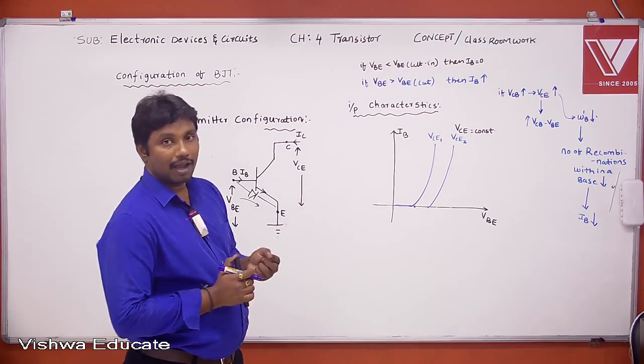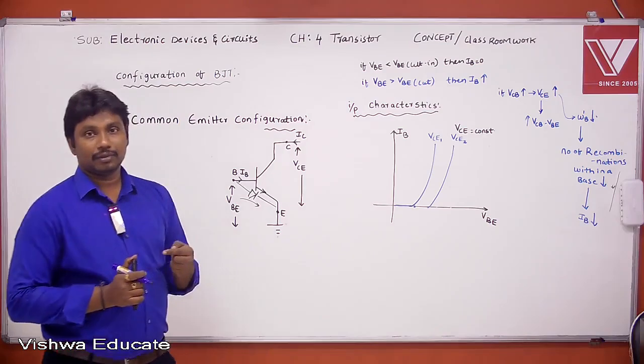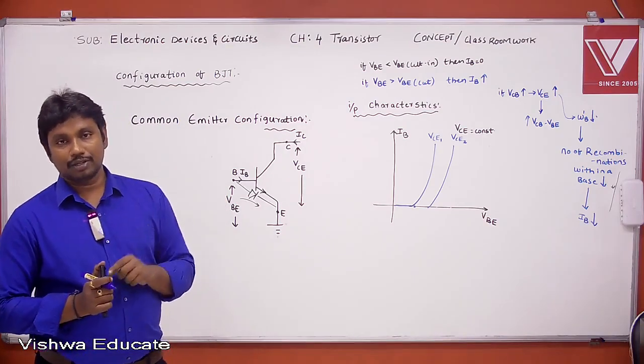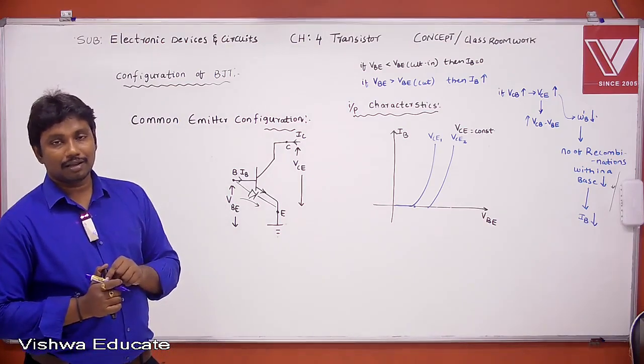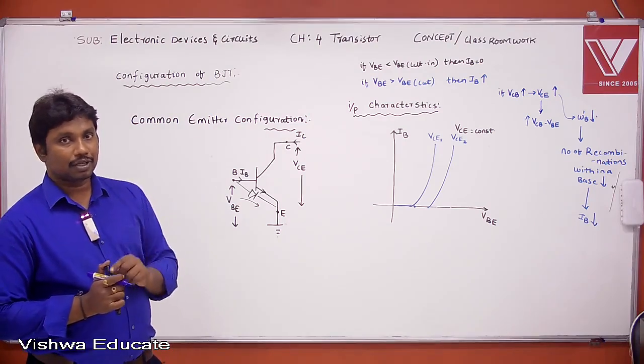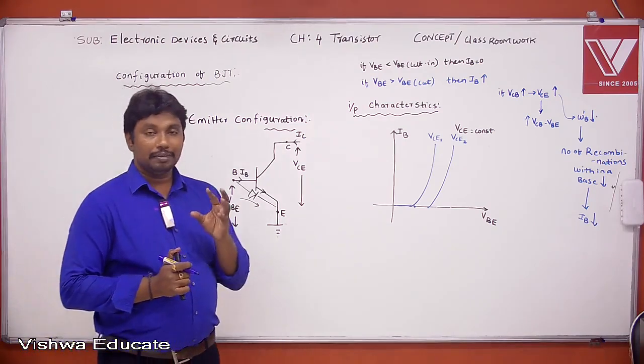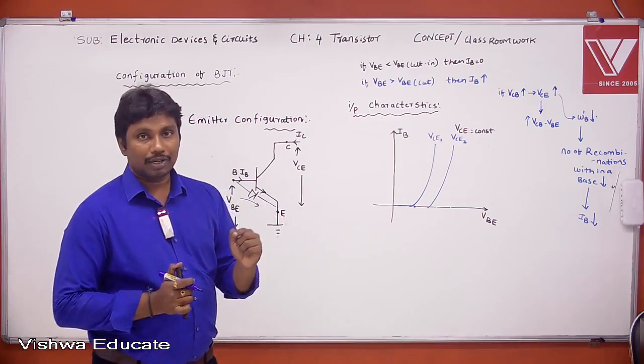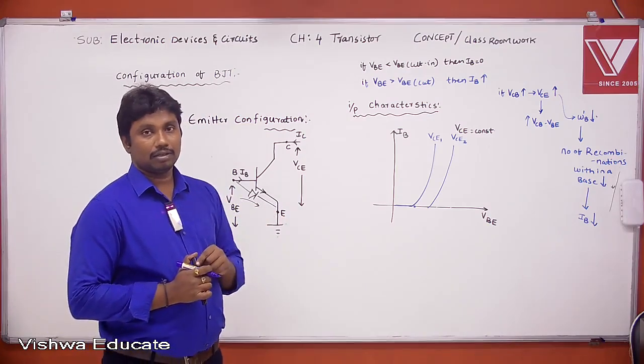Next point. IB is the current through the emitter junction. VB is the voltage across the emitter junction.